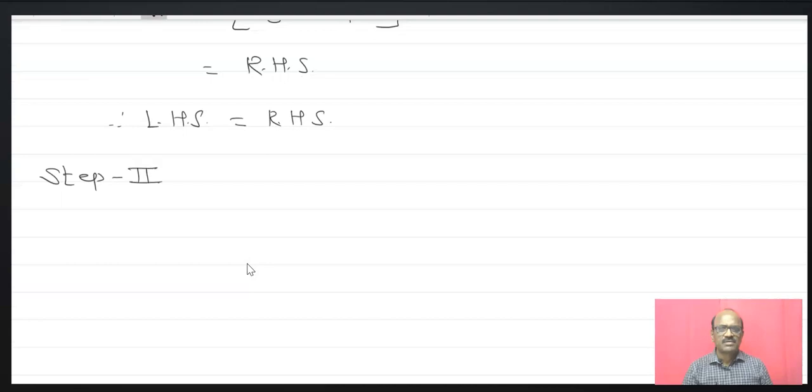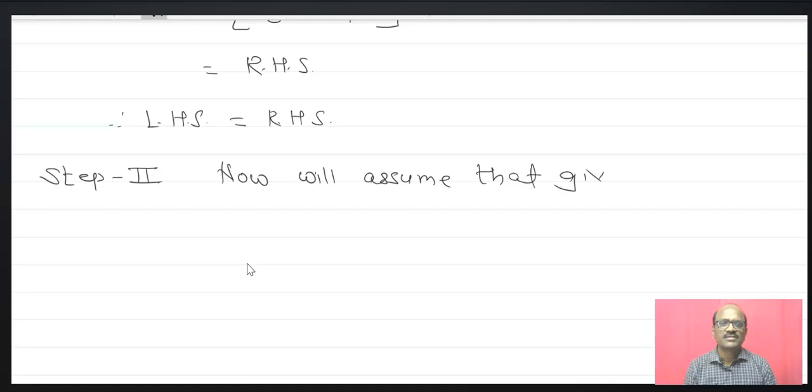Step number 2. Now we will assume that the given result is true for n equals k.